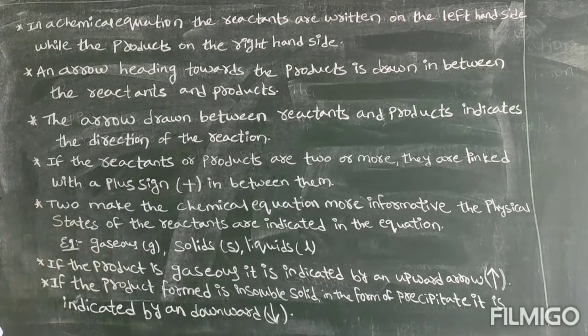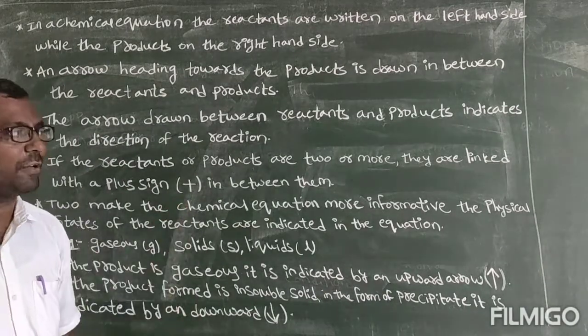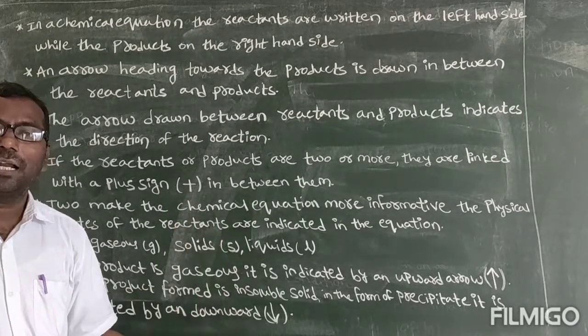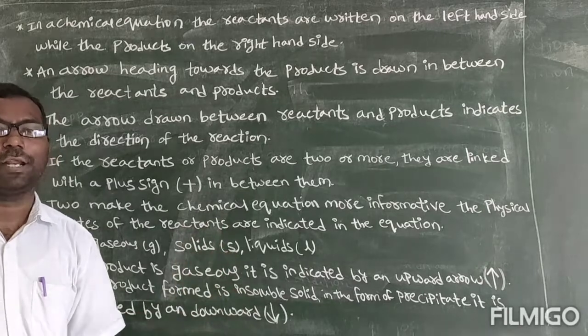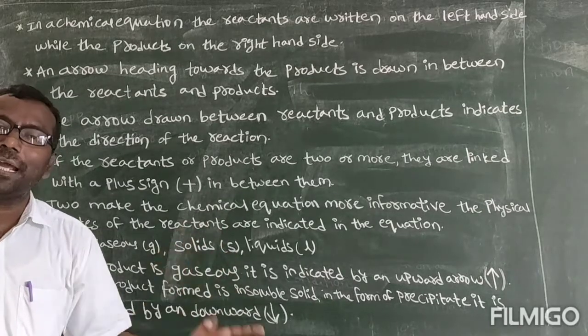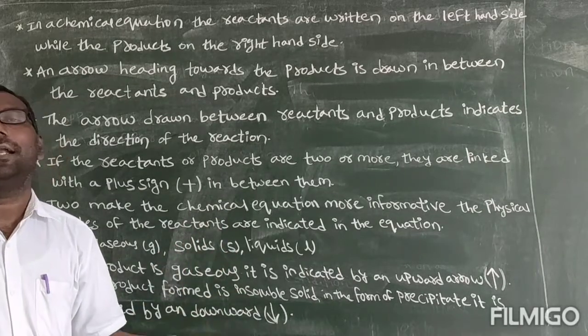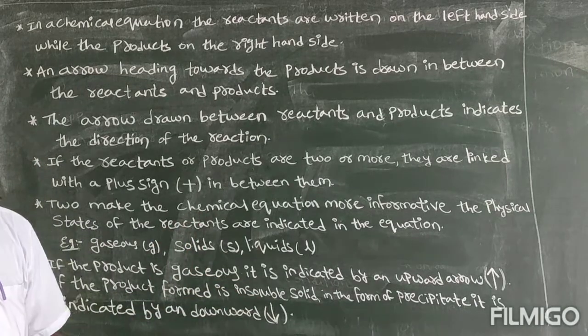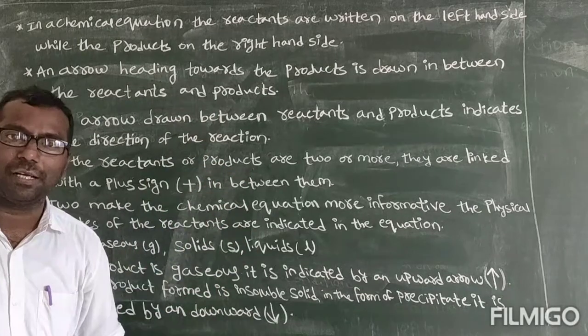So in today's class we have seen what is a word equation, what is a chemical equation, what are reactants and what are products, and how to write a word equation and how to write a chemical equation. Next we will see how to balance the chemical equation.